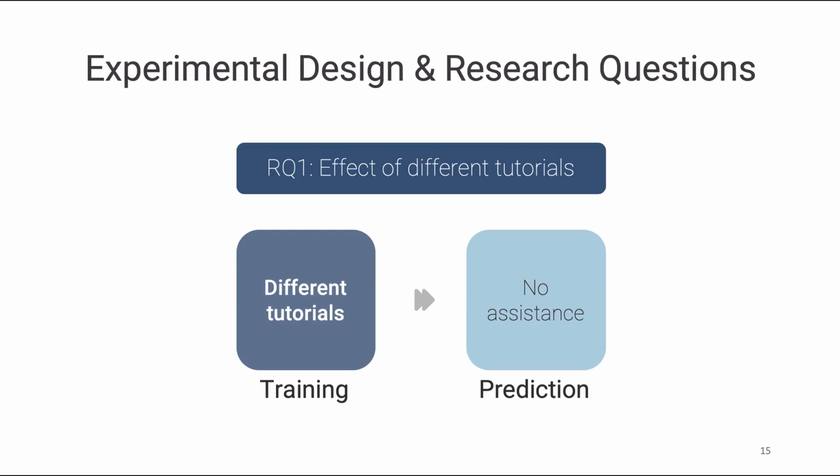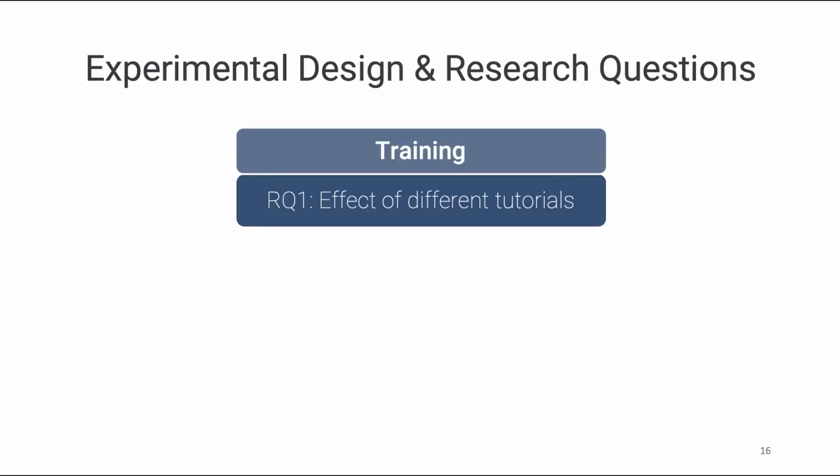The first research question investigates the effect of different tutorials in the training phase, where participants are exposed to different tutorials, and no assistance in the prediction phase, where they are tested if the tutorials help improve their performance. In short, research question 1 investigates the effect of different tutorials during the training phase.